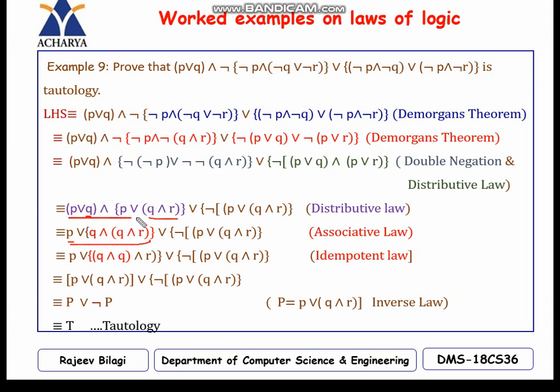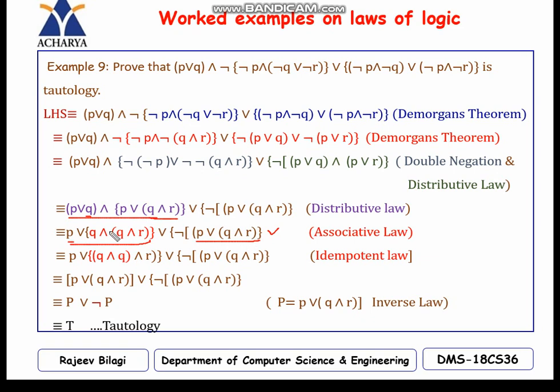For this I have applied the distributive law so that I can get this R operator, negation of P, same thing I have written here, PR, but one thing is Q, Q and R. Now here I will apply the associative law for this.